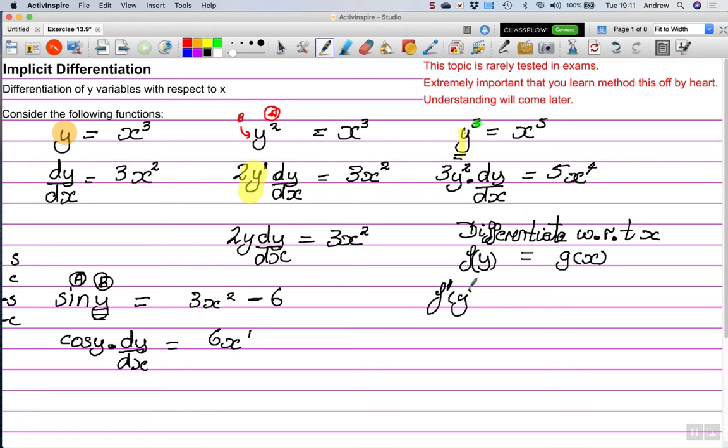And then because it's involving a y, we have to remember to multiply by dy/dx. When you differentiate an x function, it's just g dashed of x. So when you're differentiating a y function with respect to x, when you finish multiplying by the power and putting the power down one, or whatever other rule you have to apply, you must remember to multiply by dy/dx.